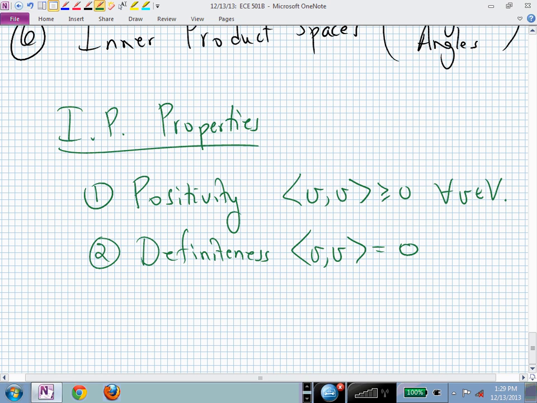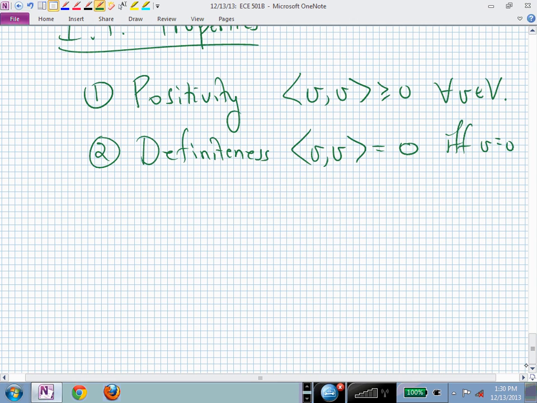Now if you have a vector and you inner product with itself and that inner product ends up being a hard zero, that's true if and only if V, the vector, was actually the zero element to begin with in that vector space.